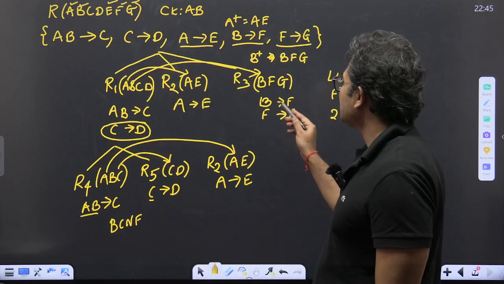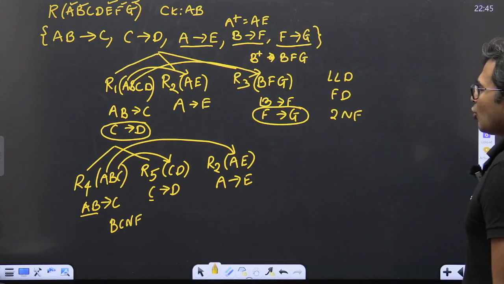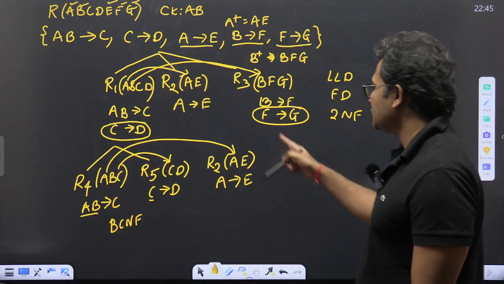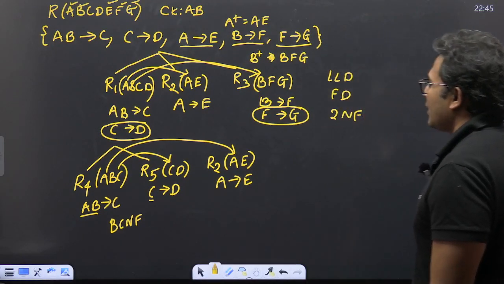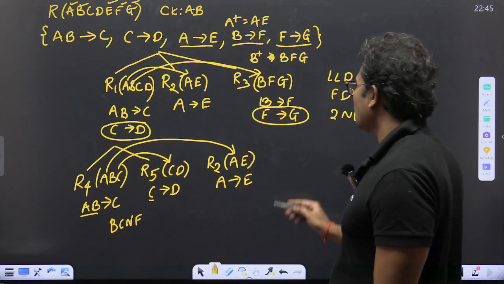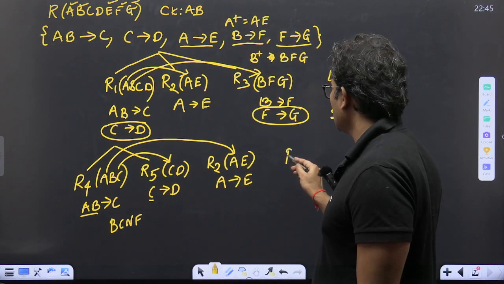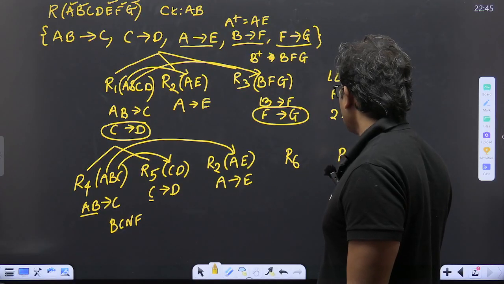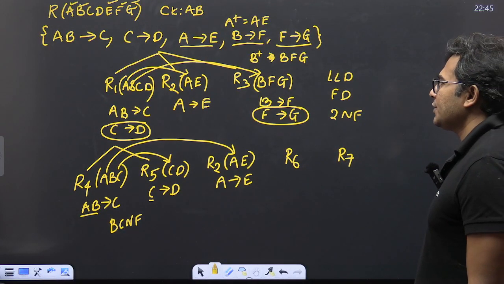Now coming to this R3, F determines G is a problem here. F is not a candidate key or super key, and G is not a prime attribute, right? Therefore, we have to decompose this. So R1, R5 are over. Let me write R6 and R7, and let me find out F plus. F plus is FG.